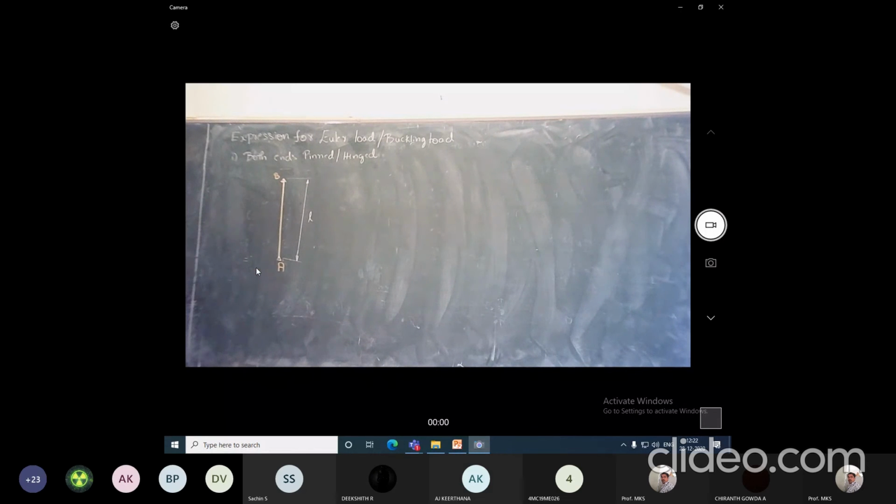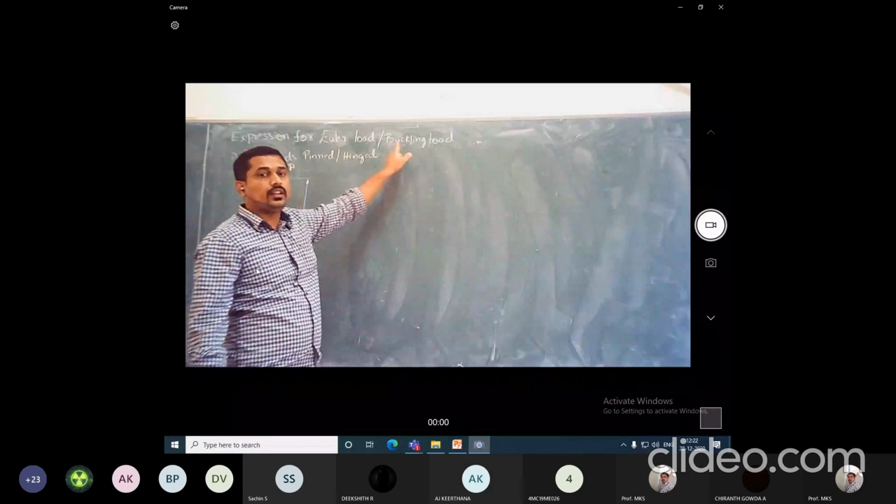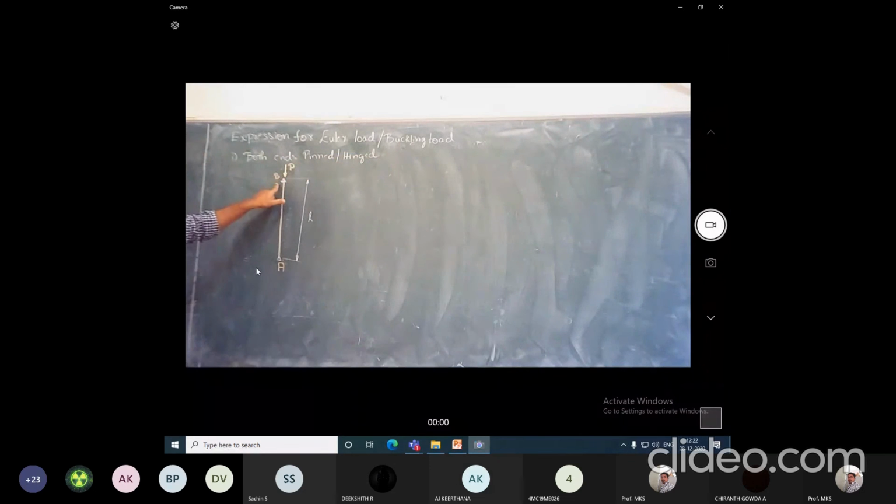And let P be the load acting, or we call it the buckling load. Let P be the critical load or buckling load applied at the end B.